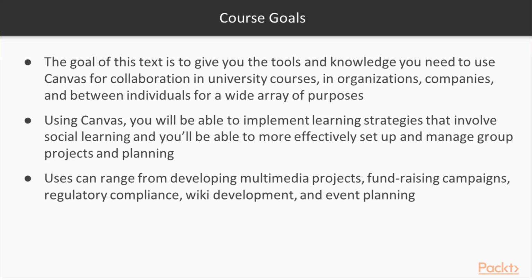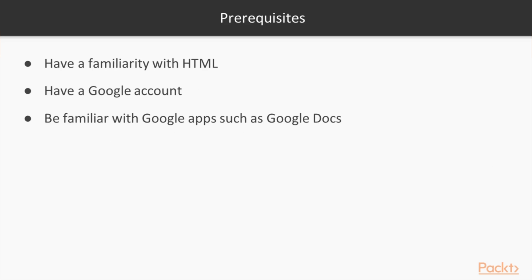Using Canvas, you will be able to implement learning strategies that involve social learning, and you'll be able to more effectively set up and manage group projects and planning. Uses can range from developing multimedia projects, fundraising campaigns, regulatory compliance, wiki development, and even event planning.